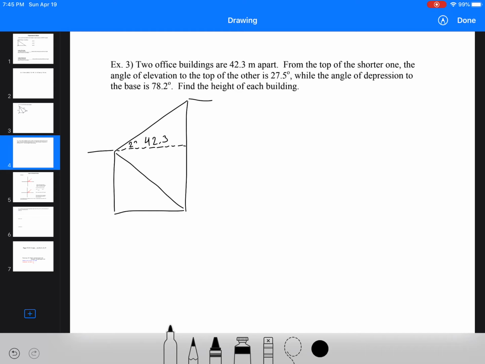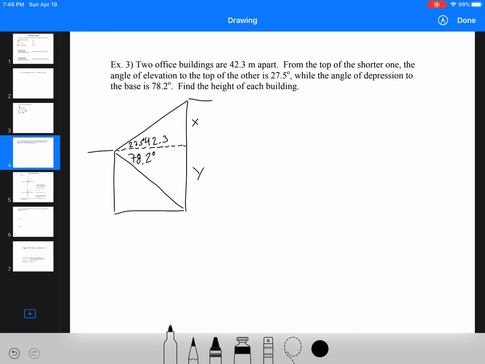Now we're measuring our angle of elevation and angle of depression from that horizontal. So the elevation is going to be 27.5 degrees. And the depression is 78.2 degrees. Now, a lot of people will mess up and put the angle of depression over here. So you have to be careful to always go from the horizontal.